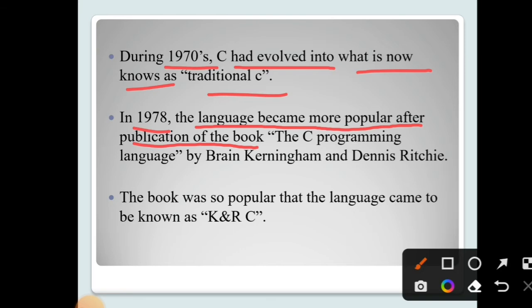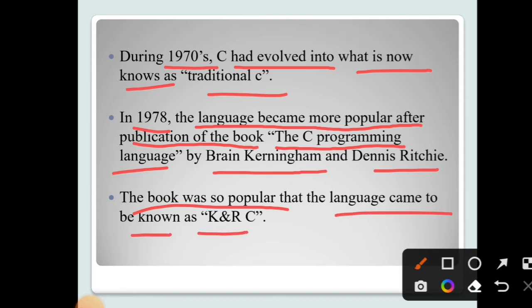The book name is The C Programming Language, written by Brian Kernighan and Dennis Ritchie. The book was very popular, and the language came to be known as K and R C. K is Kernighan and R is Ritchie.